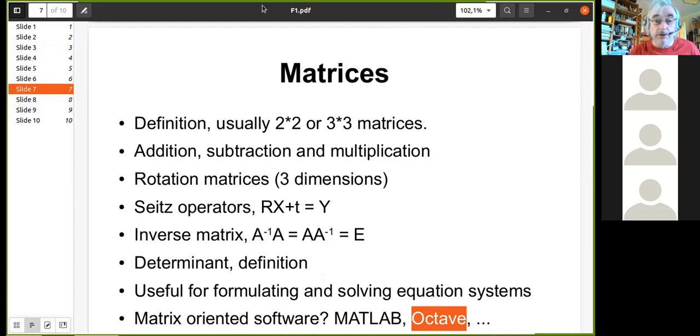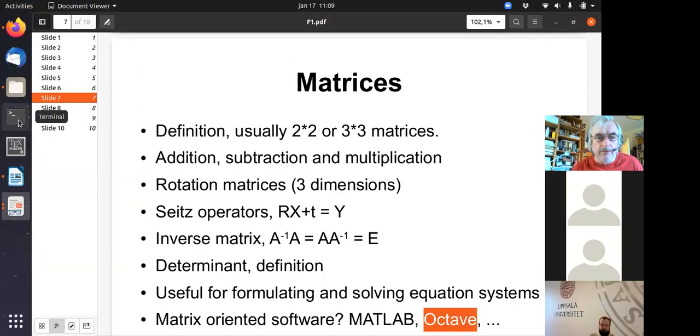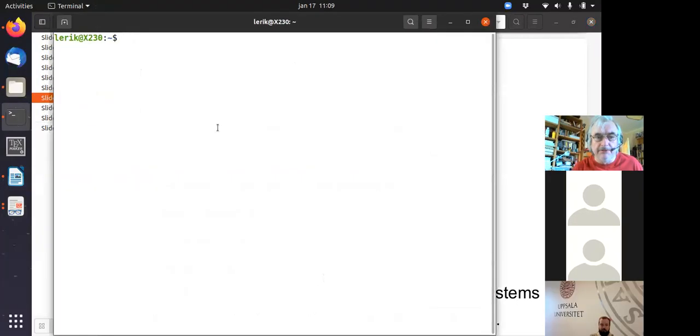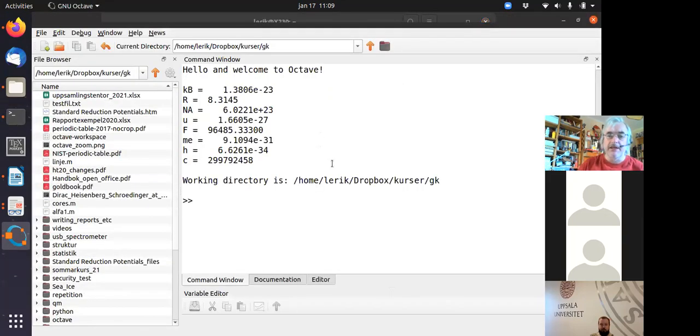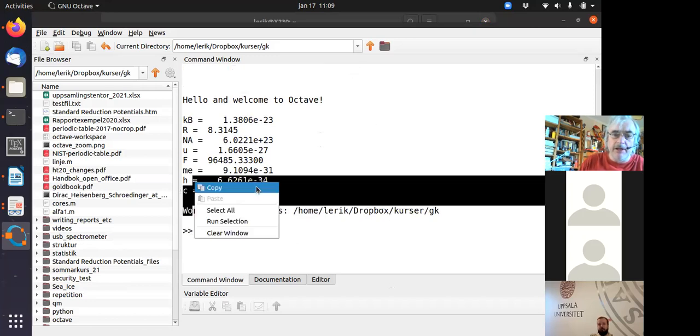We could see if we can start this Octave system. Personally, I'm starting it from the command line, but that is not necessary. Do you see my Octave working directory, something here? Yes.